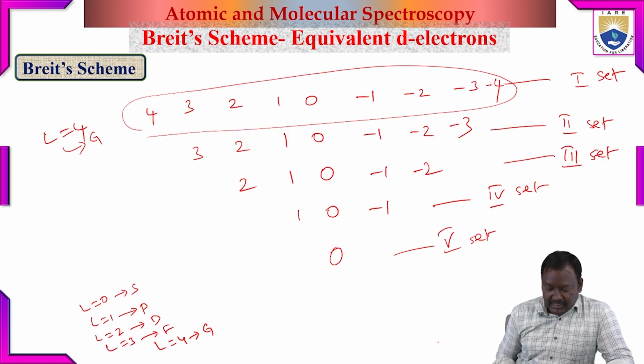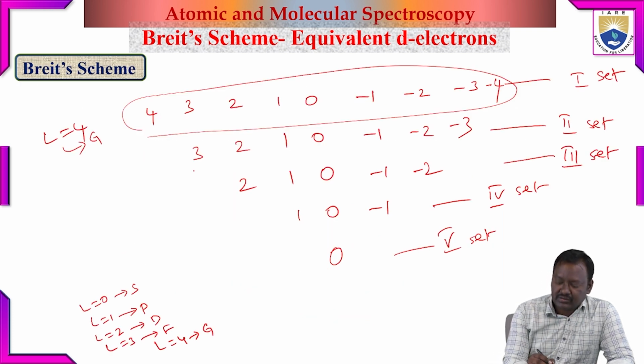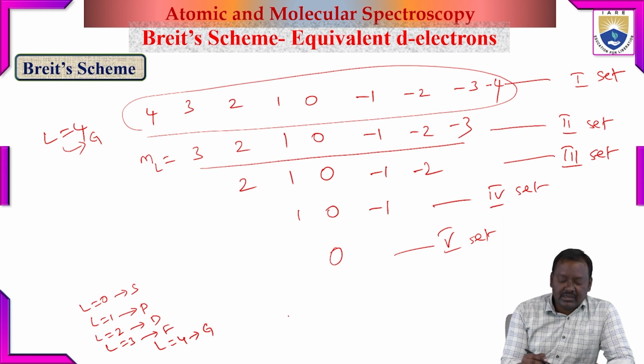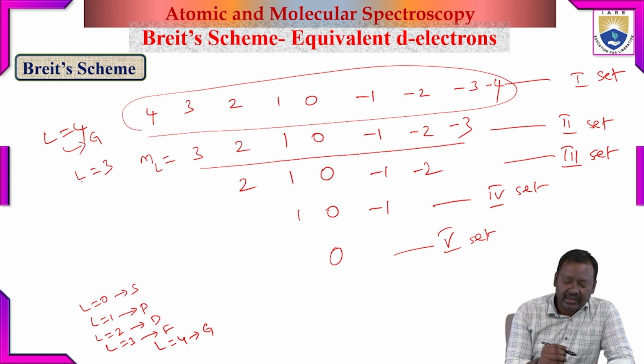And the second set of ML values starts from 3 to minus 3, total orbital angular momentum ML values 3, 2, 1, 0, minus 1, minus 2, minus 3. From this set of ML values, the L value can be observed as 3.